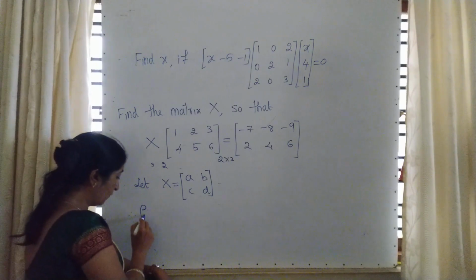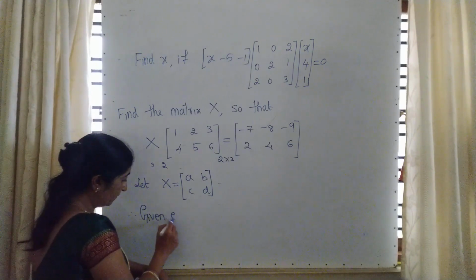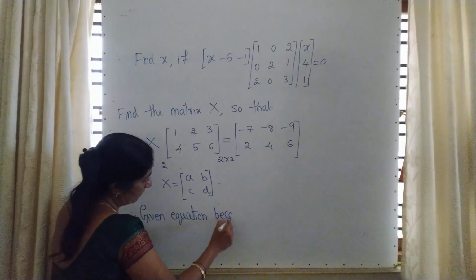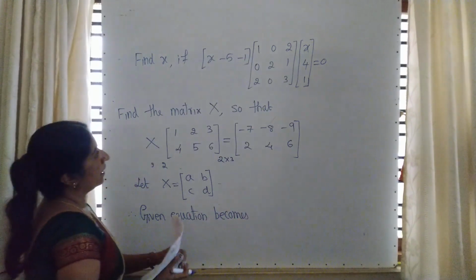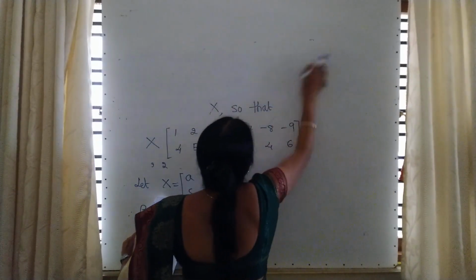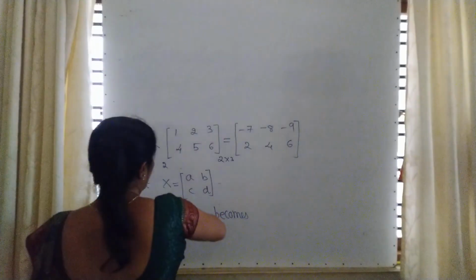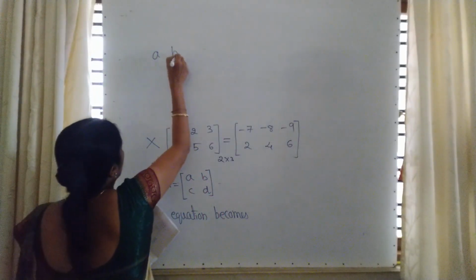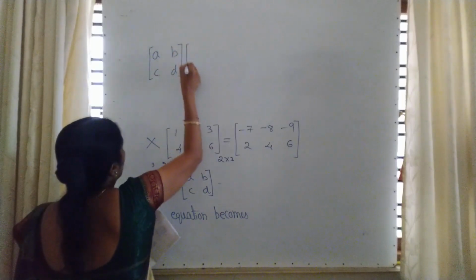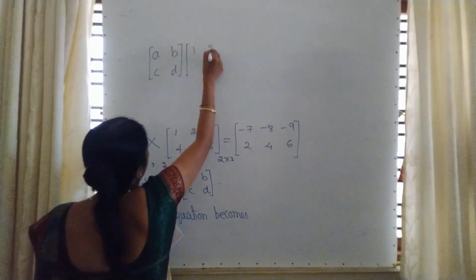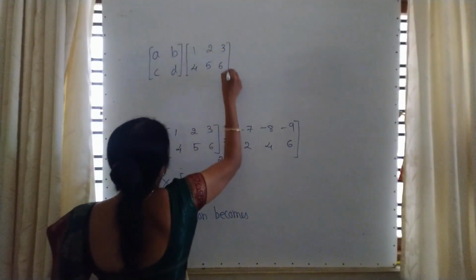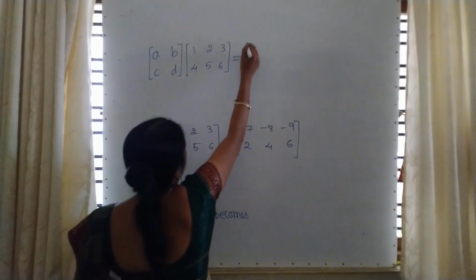Therefore, the given equation will be written as [A, B; C, D] times [1, 2, 3; 4, 5, 6]. Here I kept this as it is.